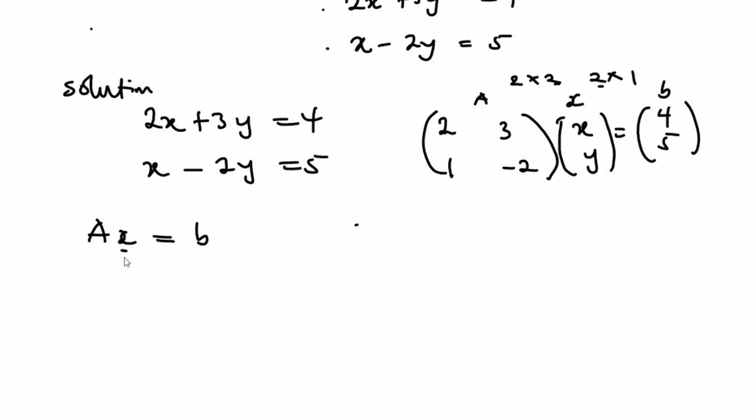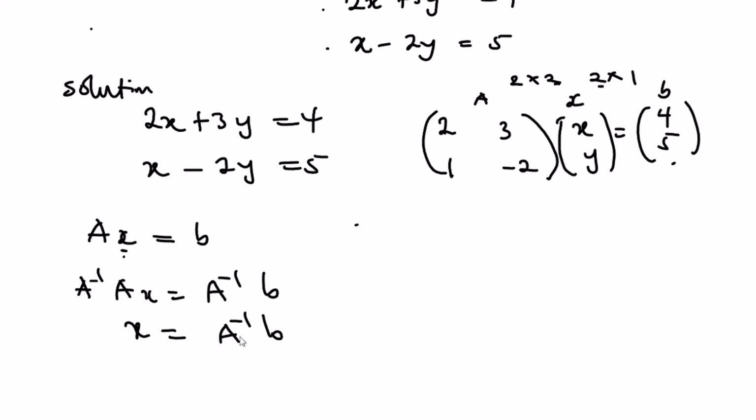Then you have your x here. So you multiply both sides by the inverse of A. Now the inverse of A times A itself will give you 1. So it means that x will be equal to the inverse of A times B. So we are going to make use of the inverse here.